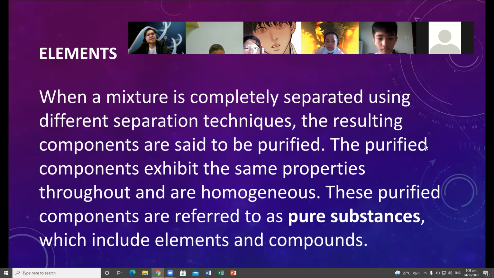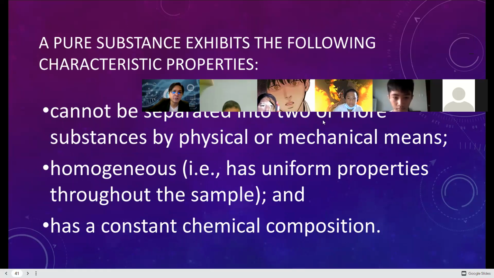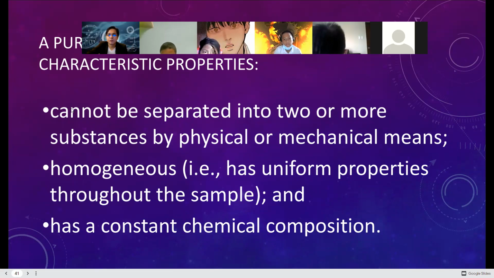How do we know if it is an element and how do we know if it is a compound? Pure substances exhibit the following characteristic properties. Number one, it cannot be separated into two or more substances by physical or mechanical means. Number two, it should be homogeneous, with uniform properties throughout the sample.